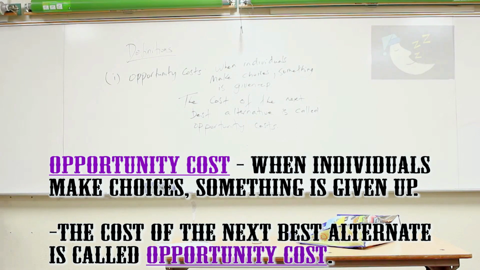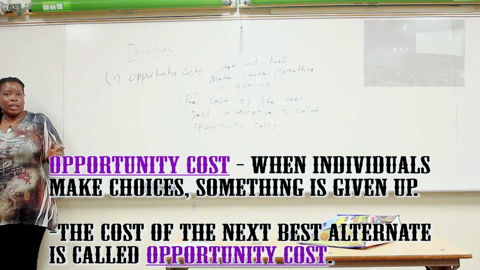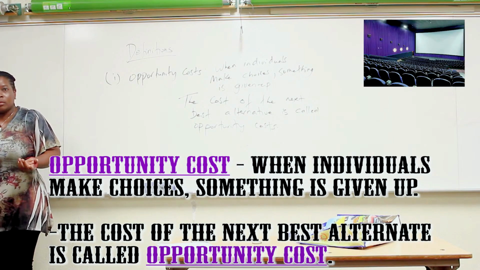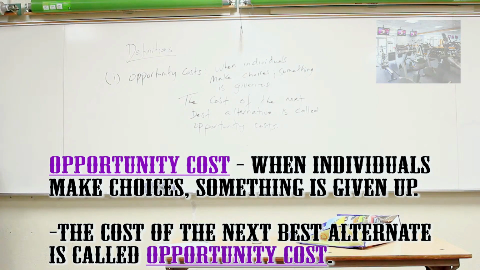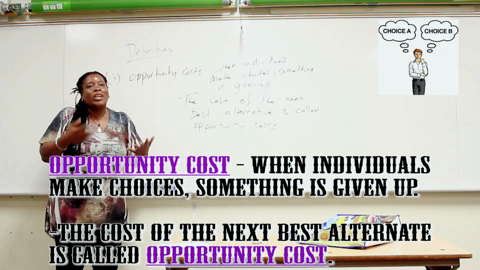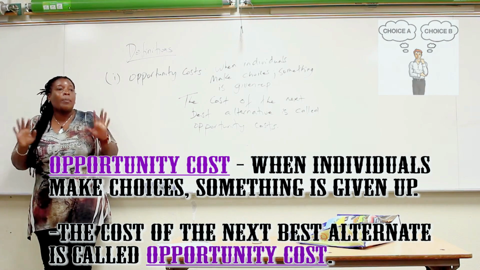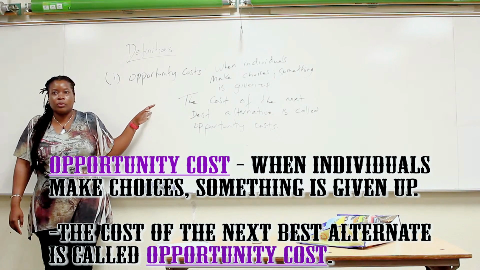The opportunity cost for somebody else, the next best thing, might be different. It might be getting ready to go to the movies. For some people, it might be time at the gym, exercising. Good for you. Every time we make a choice, something is given up. What is that thing that we gave up? It is the opportunity cost. And this is going to pop up a lot in this course.